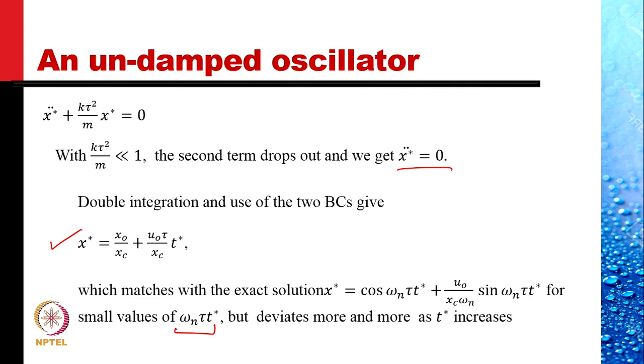The same problem as we began with. For very small t star, it is valid. To increase the range, we'll have to use a series solution with k tau square by m equal to epsilon as a small parameter.